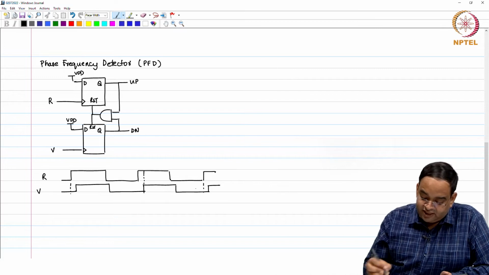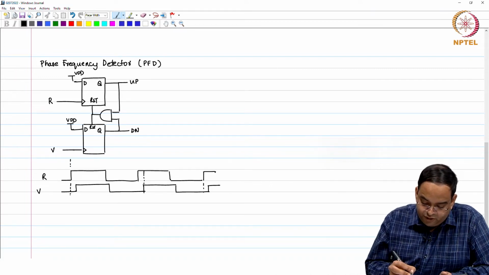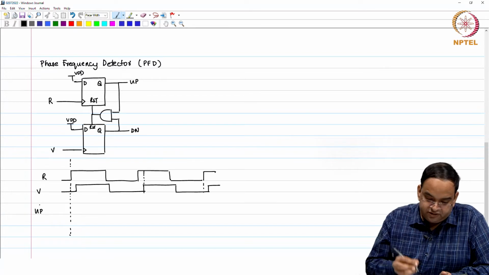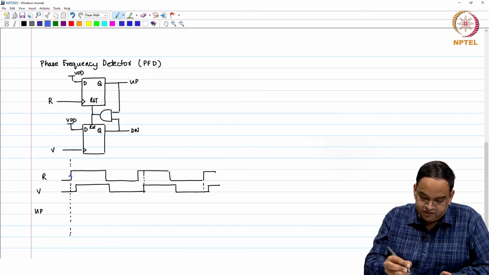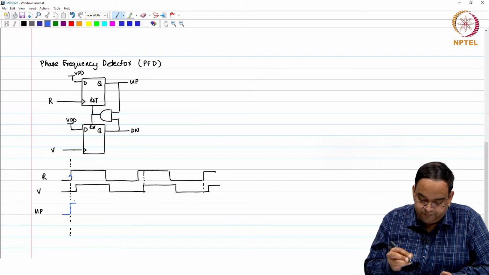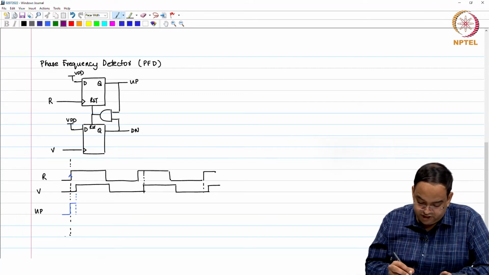Okay. So, this is R signal, this is V signal. Assume that before t equal to 0, all the outputs were 0. So, what happens when you get your rising edge on R? Your up signal goes high. The down remains low, there is no change in the down signal.